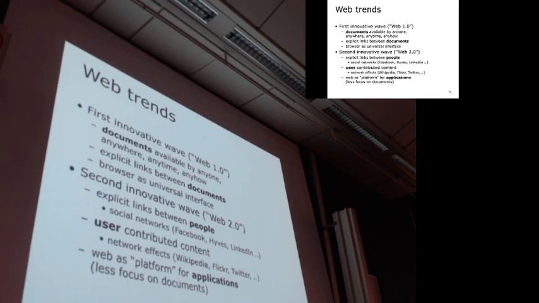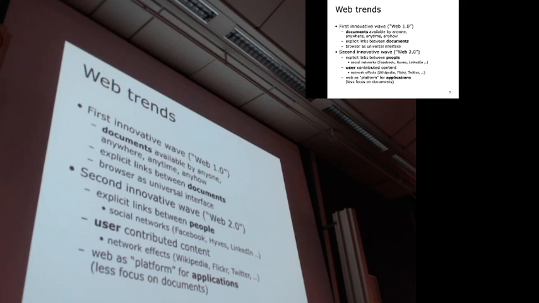Right? And then the second innovative wave of the web began with the rising popularity of social media. Suddenly it was not about documents anymore, but much more about people. Not only the links between documents were important, but also the friendship links or other types of links between people.